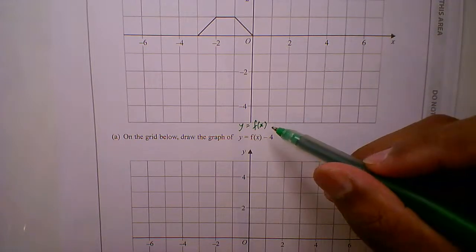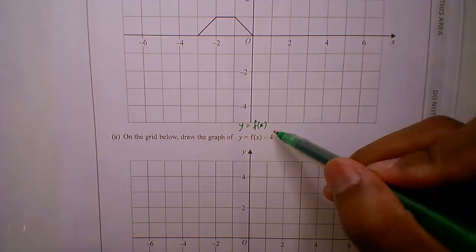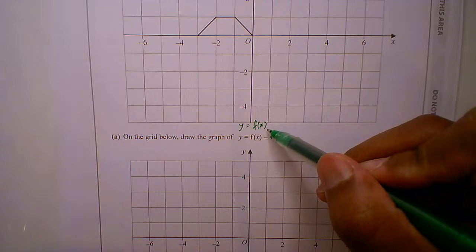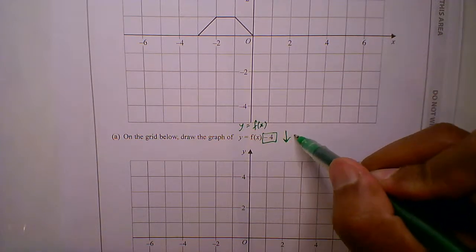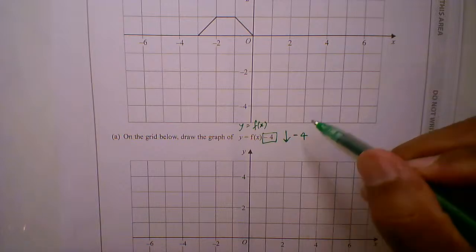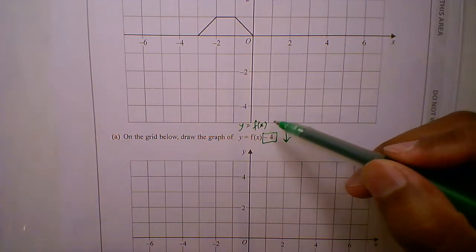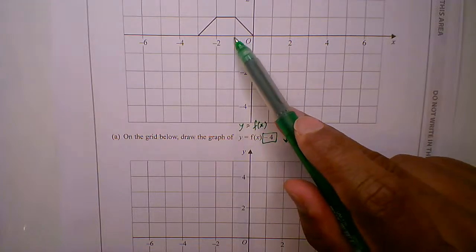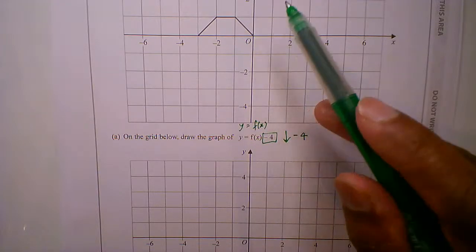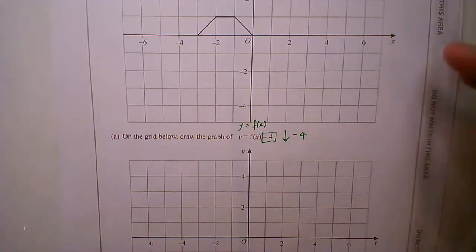Okay, so because we've got minus 4, this part here relates to the y-axis, and it's going down 4 units. So we're just going to be shifting the graph 4 units down. If we look here, the base of this shape is on 0, so we just need to shift it down 4 spaces.